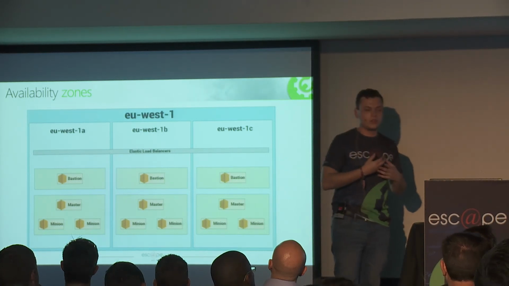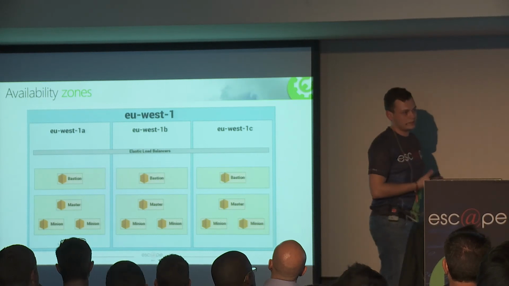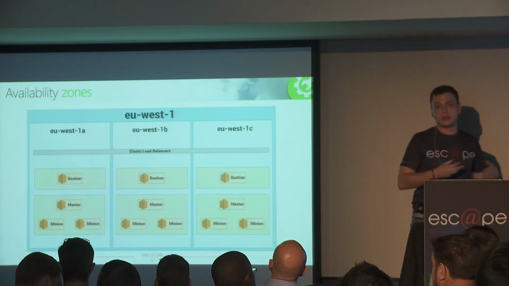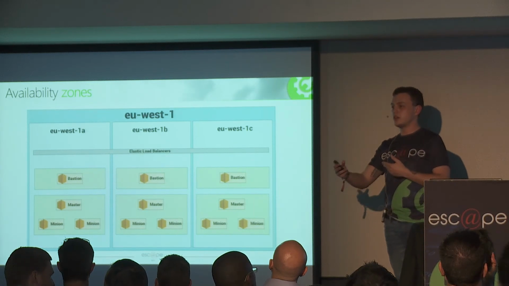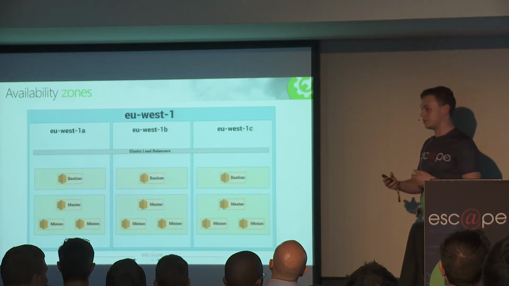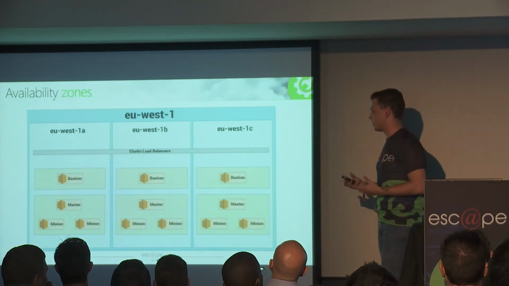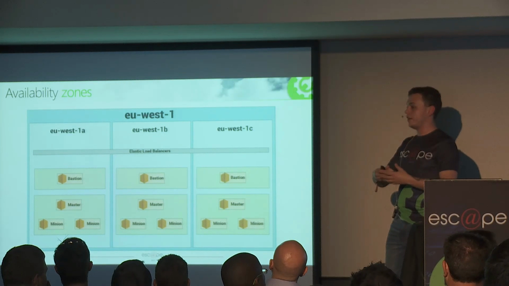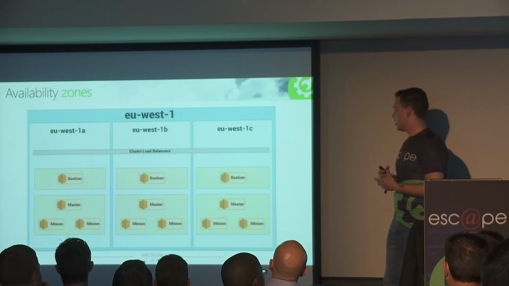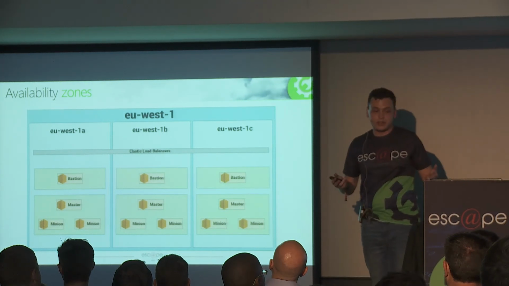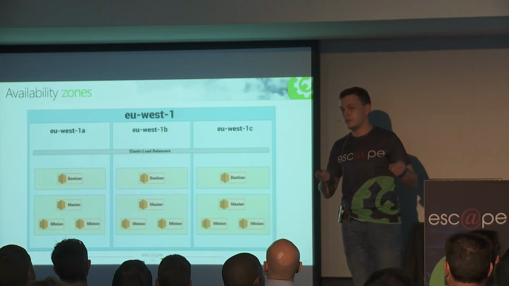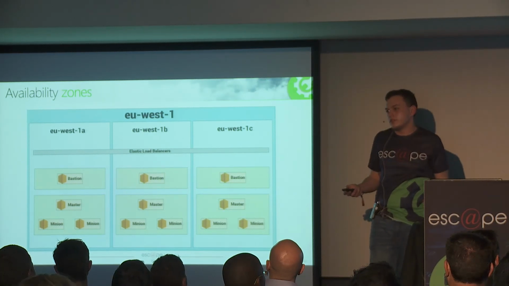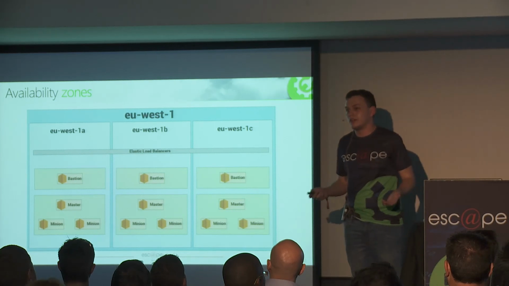So say I want to, following AWS best practices, deploy a Bastion host, which is essentially just a jump box in order to do maintenance and administration on these virtual machines that are running. I can deploy them in a highly available fashion. And this applies to my masters as well, masters and minions within the Kubernetes jargon, because Kubernetes in itself is just a clustered application.